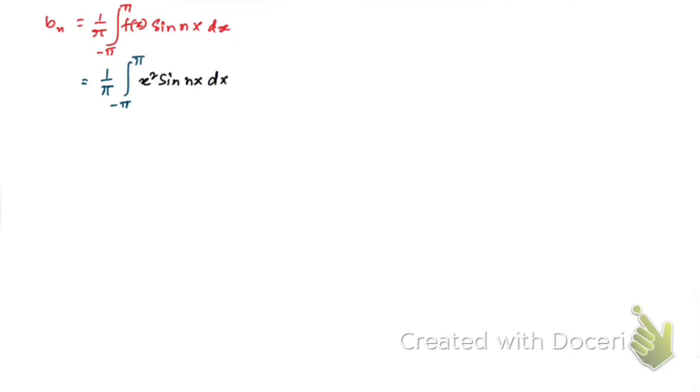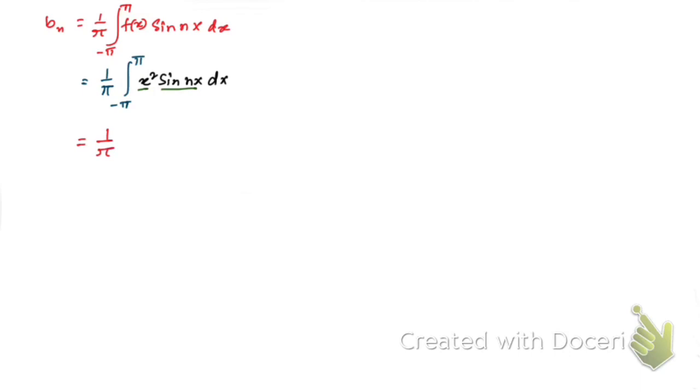Now if you integrate this again using the u into v rule, taking x square as u and sine nx as v, then as I have already shown the integration of x square cos nx, I'm not going to show it this time.